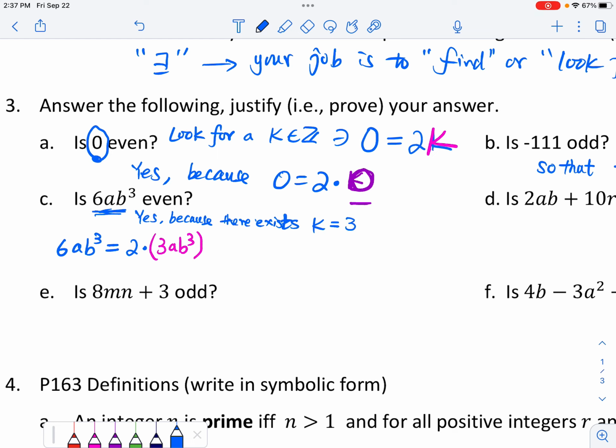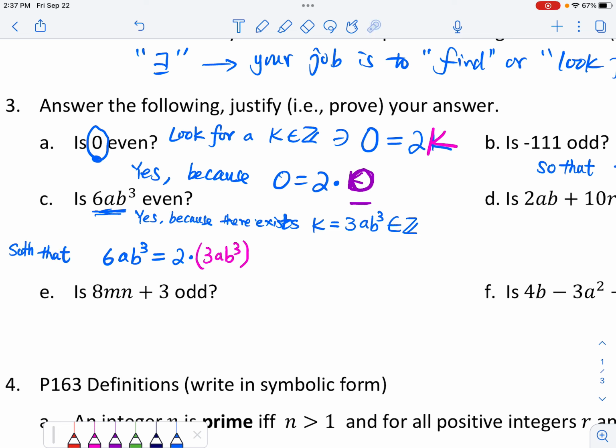K is this, 3 times ab cubed, and this is an integer, such that the term we are talking about is equal to twice some integer, right? So therefore, according to the definition, this is even.